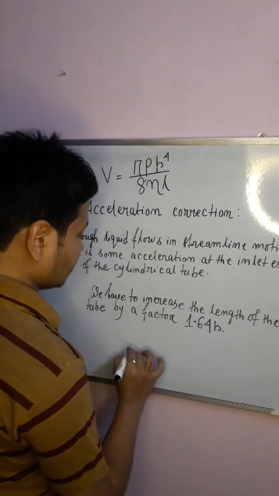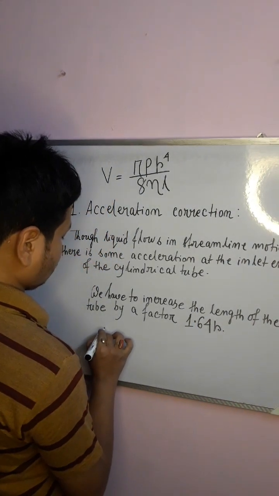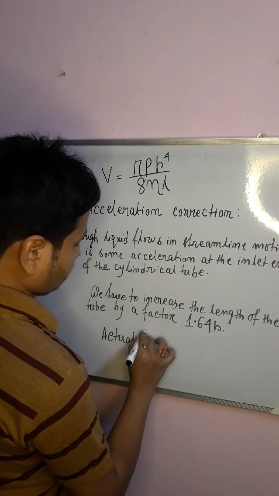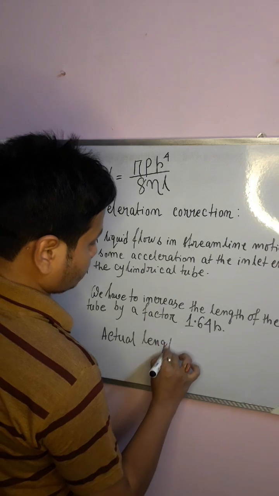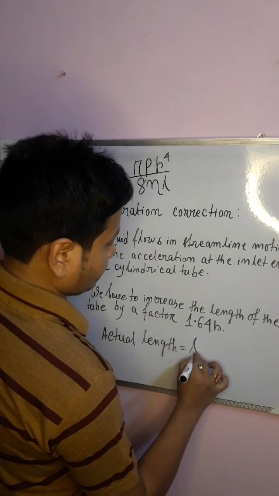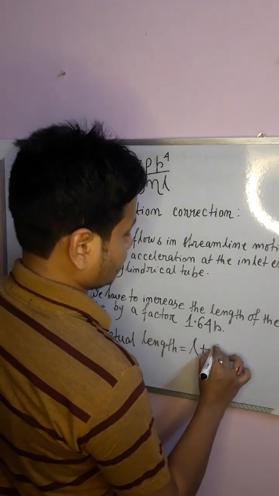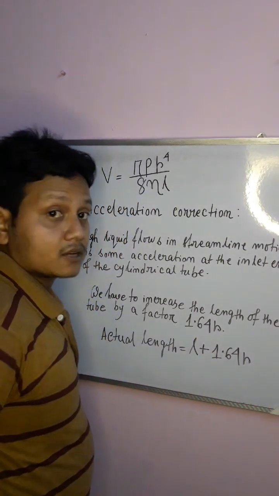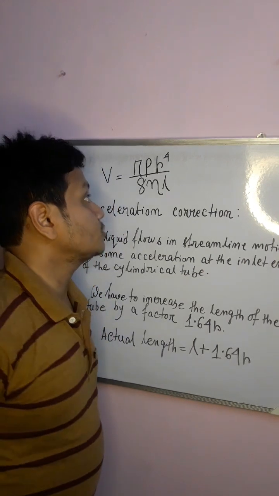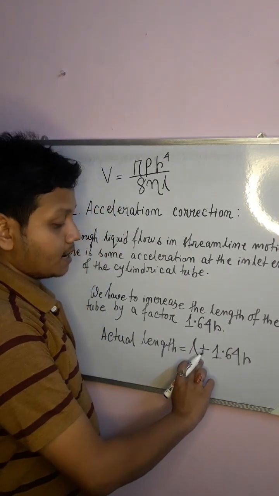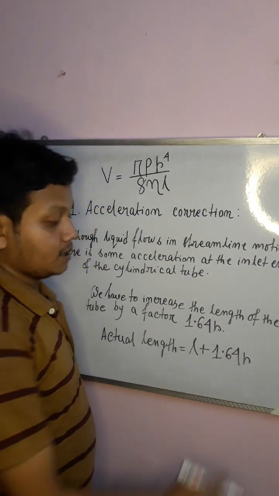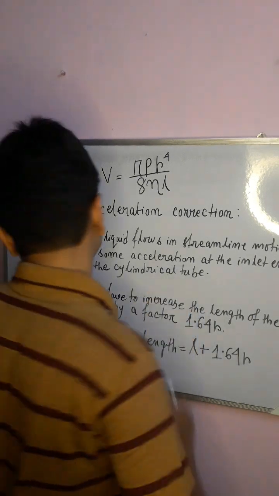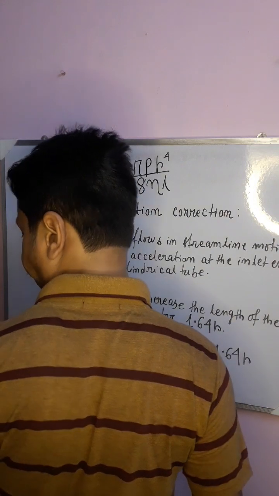Previously the length is L. So what would be our actual length? The initial length is L, and we have to increase this length by a factor. So instead of L, we have to put L plus 1.64r. That means 1.64 times the radius. So this is the acceleration correction.